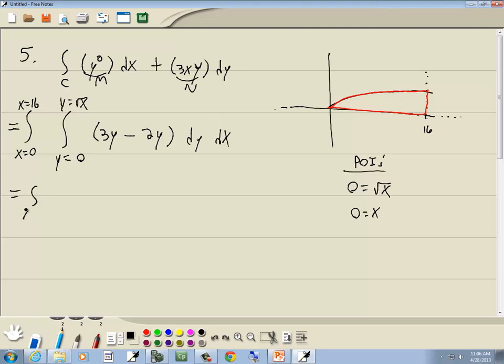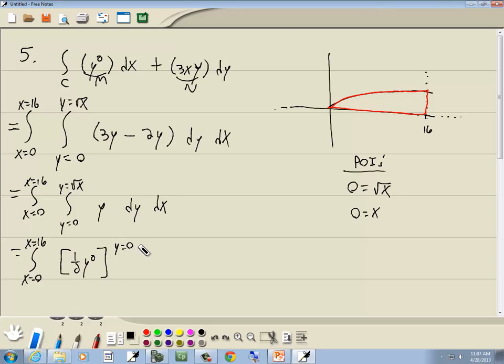So let's go ahead and find the integral now. So we got x is equal to 0 to x is equal to 16, and y is equal to 0 to y is equal to square root of x. 3y minus 2y is just y dy dx. Well, the integral of y is 1/2 y squared from y is equal to 0 to y is equal to square root of x.